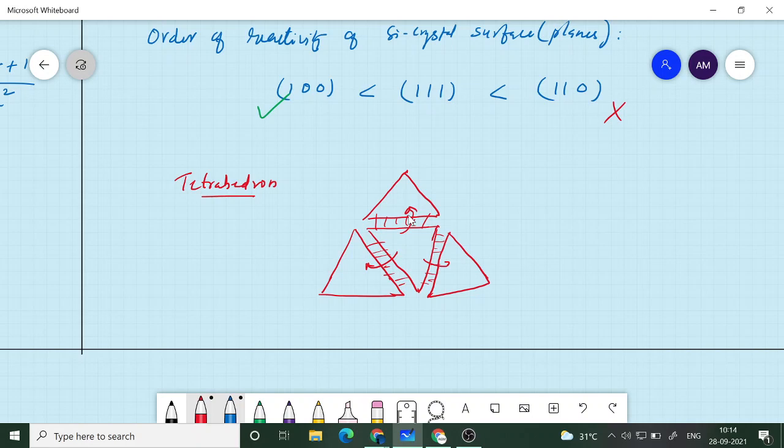That will give you a shape which looks something like a pyramid, a triangular pyramid. That shape is basically the tetrahedron shape.